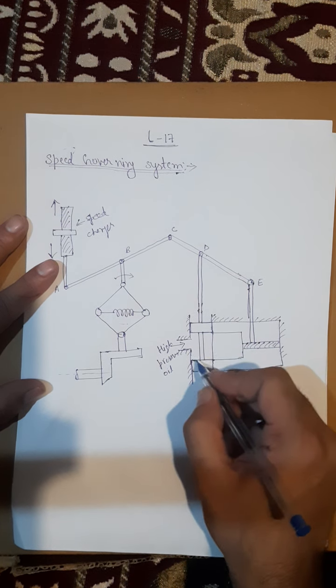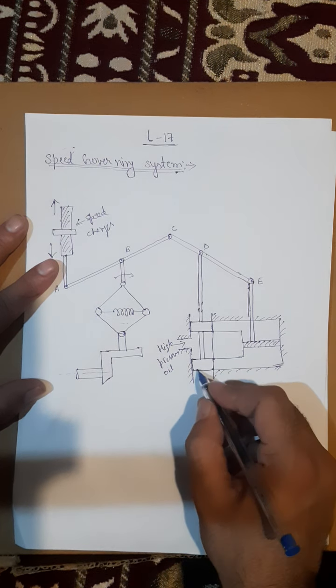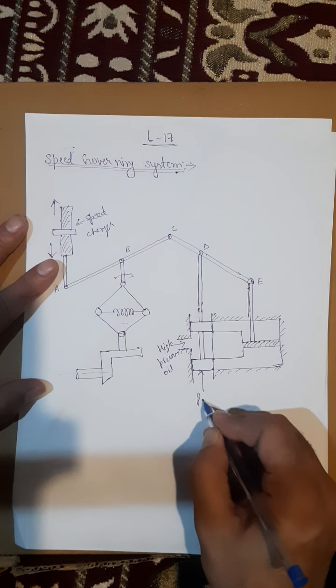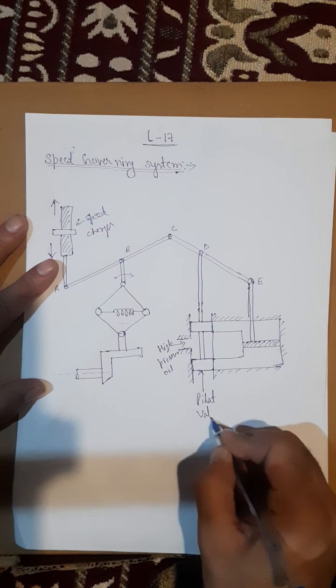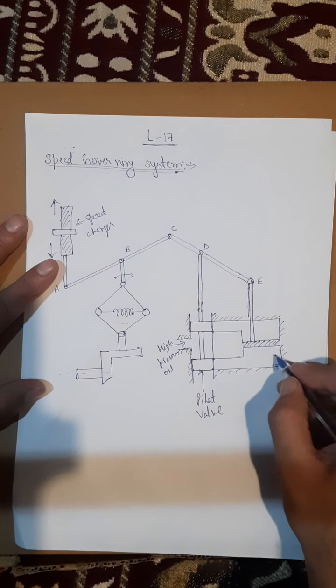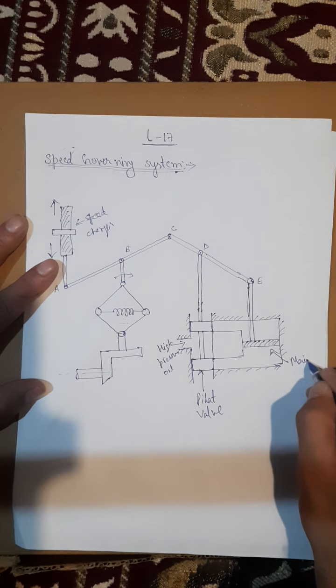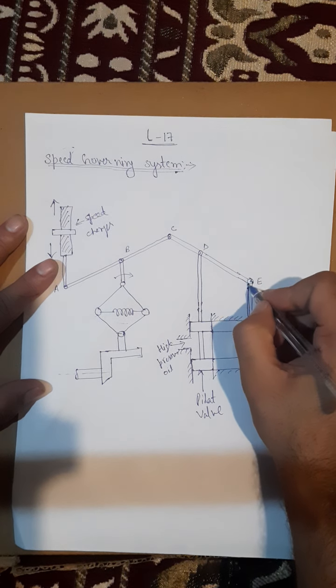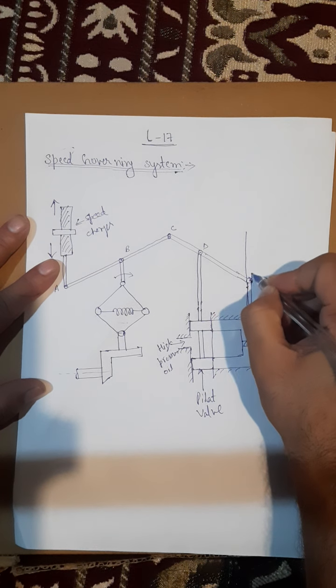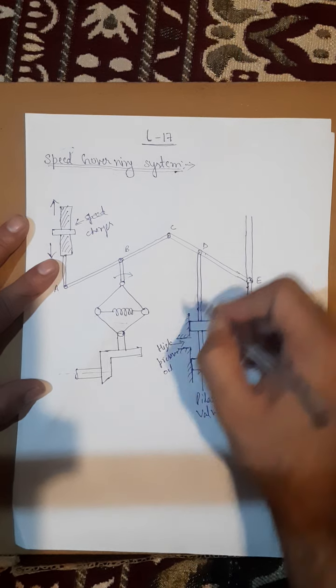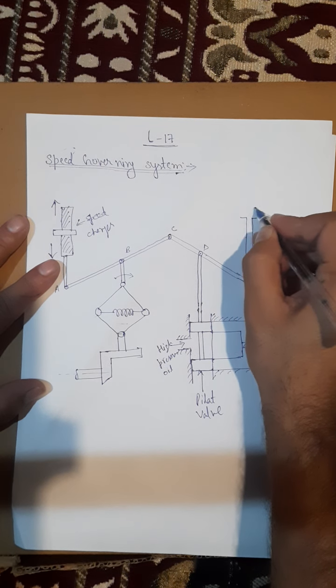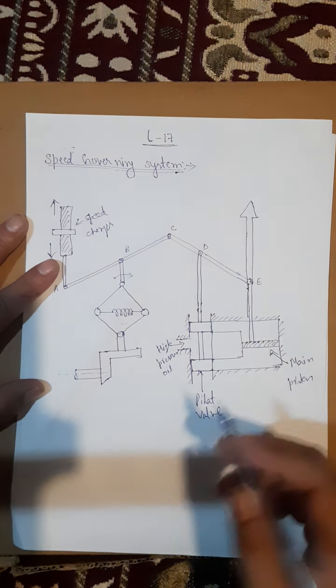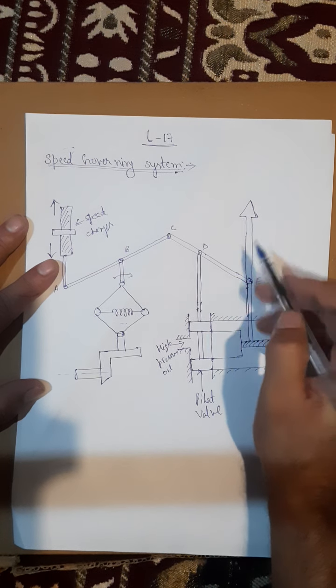This is called the pilot valve, and this is called the main piston valve. At this point E, this point is connected to the gate. Which gates? Steam gates, which will open or close the steam valves.